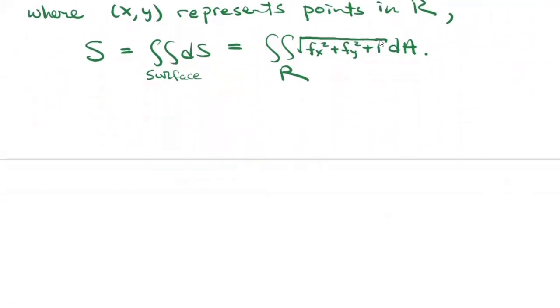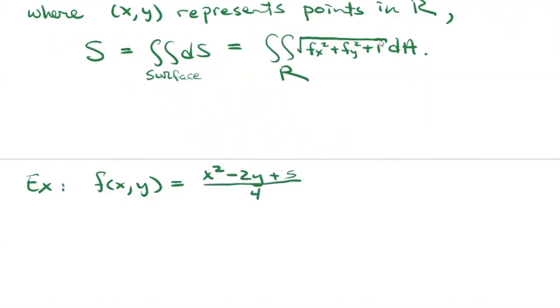Okie dokie. Let's do an example here. We'll have f of x, y equal to x squared minus 2y plus 5 over 4. Who comes up with this? I don't know.